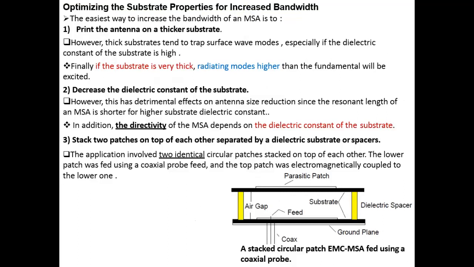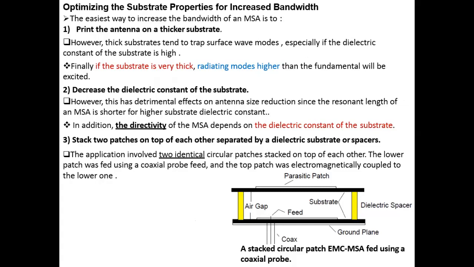Next, optimizing the substrate properties of the microstrip antenna for bandwidth. The easiest way to increase the bandwidth of a microstrip antenna is to print the antenna on a thicker substrate. However, a thick substrate tends to trap surface wave modes, especially if the dielectric constant of the substrate is high.